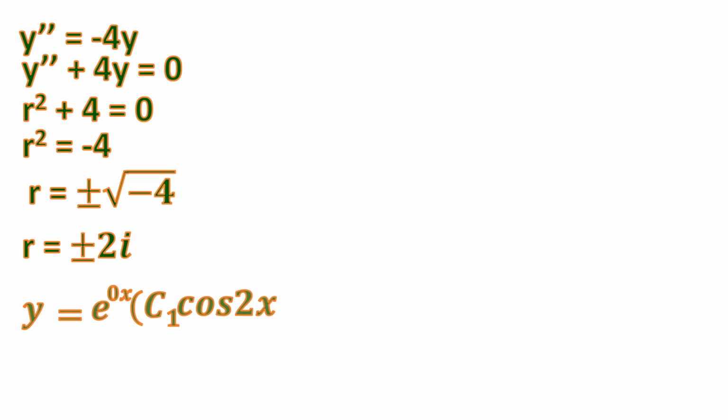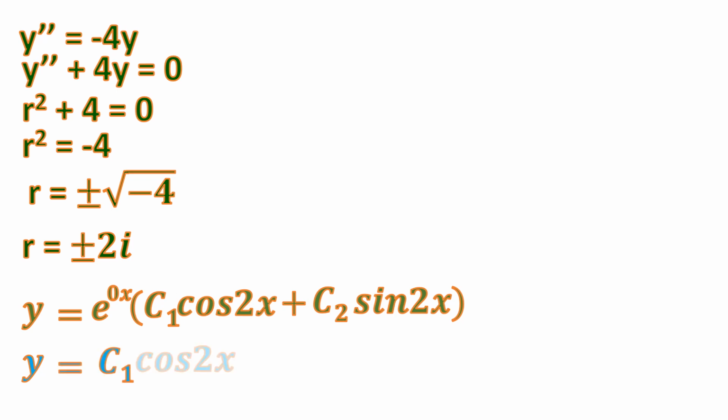It's 2 because the number beside the i is 2. So that is 2x plus c2 sine 2x. Since e raised to the 0, or any number raised to the 0, is 1, we're going to change it to y equals c1 cos 2x plus c2 sine 2x, because e raised to 0 is just 1, so you may not write it anymore.